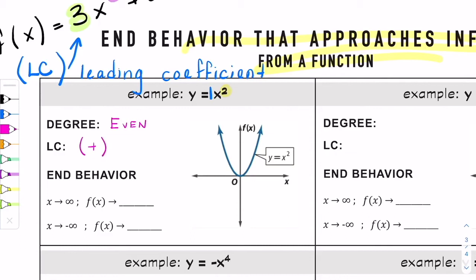So you have two choices. For degree, you have even or odd, and for the leading coefficient, you have two choices, negative or positive. If the degree is even and the leading coefficient is positive, that is all we need to know, then our end behavior tells us that both ends of the graph are going up. Both ends of the graph are heading towards positive infinity.